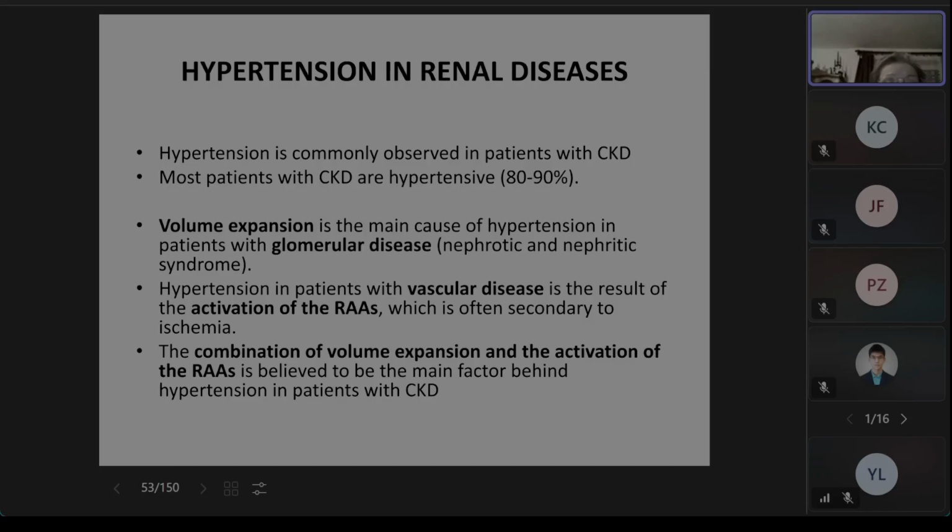Hypertension can lead in the kidneys also to volume expansion and to injury of the glomeruli, because we can observe hypertension inside the glomeruli. It can lead to activation of the renin-angiotensin-aldosterone system, because renin is locally produced in the glomeruli.